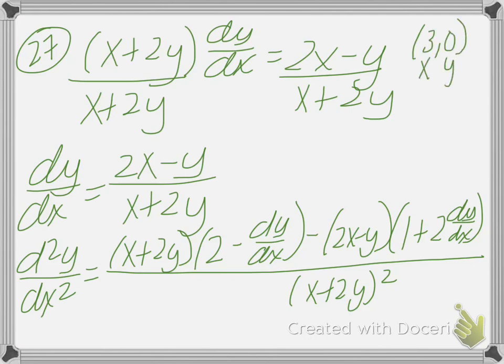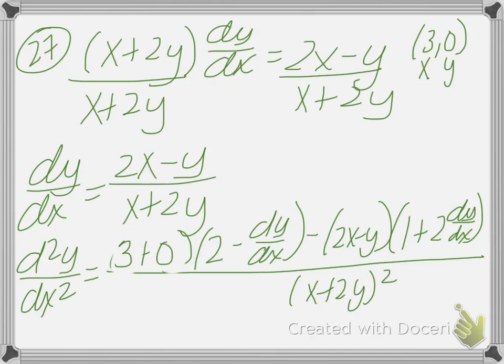So 3 is your x, and y is your 0. Okay, so we're just going to go in and substitute now. And so this x right here, I can now turn into a 3. And 2 times y would give me 0, because y is 0, so 2 times 0 is just 0.